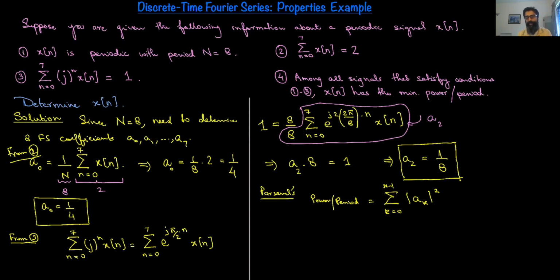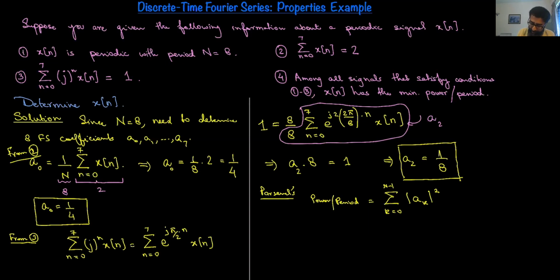And we know for a fact that this class of signals that we're looking at would have A0 equals 1 by 4 and A2 equals 1 by 8. In order for me to have the signal which has the minimum power, all other coefficients should be 0, because the minimum value the absolute square can take is 0. It cannot be negative.